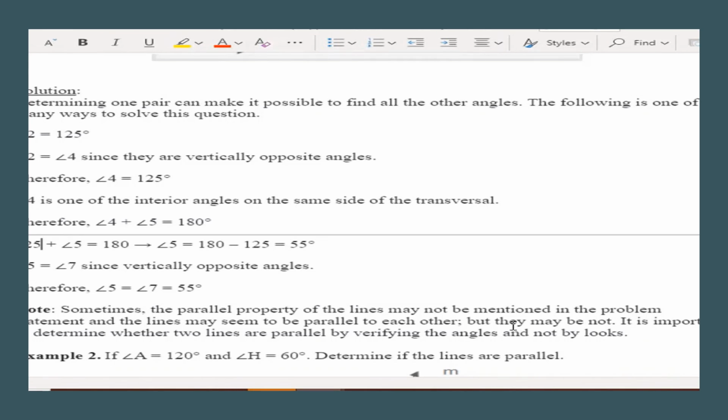It is important to determine whether the two lines are parallel by verifying the angle and not by look. Very, very important. Most people take everything for granted by look. Oh, it looked parallel, so I'm going to calculate it as if they were parallel. And in reality, that does not work. That is not the proper way of doing that.